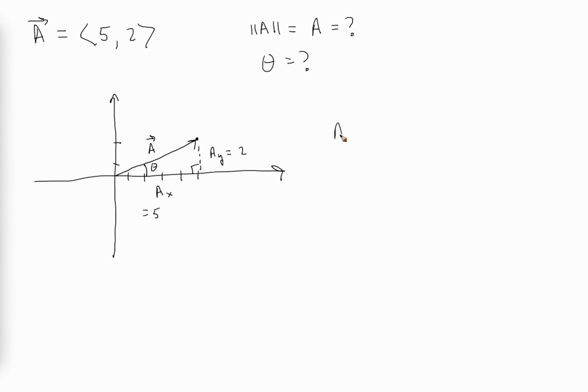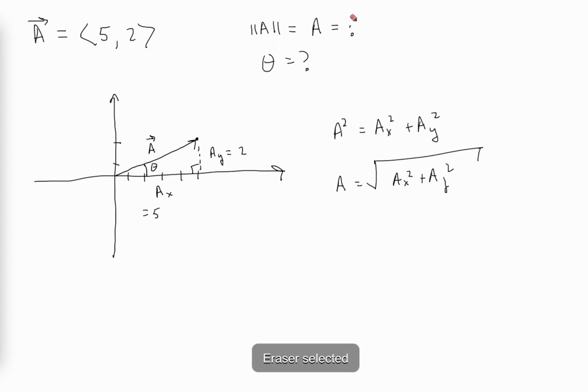The length a squared is a x squared plus a y squared, or the length a is the square root of a x squared plus a y squared. That's our rule. We can erase this question mark now. The length of the vector is the square root of the x component squared plus the y component squared.